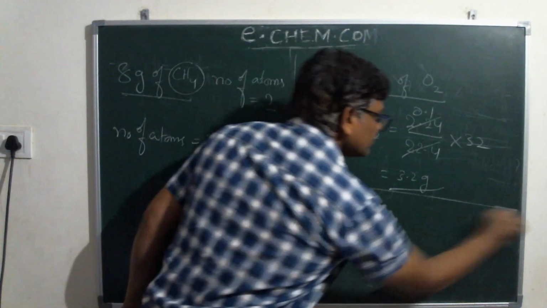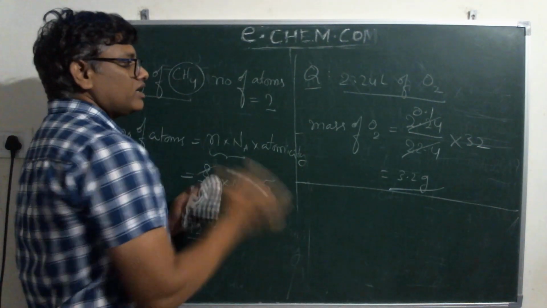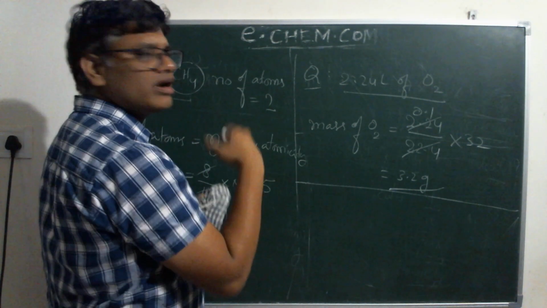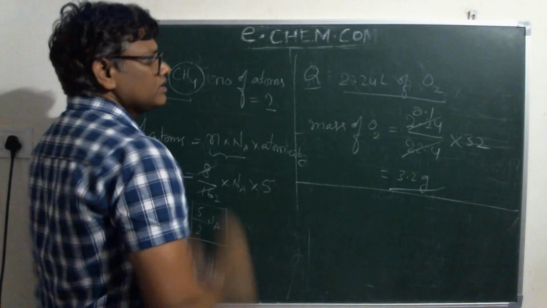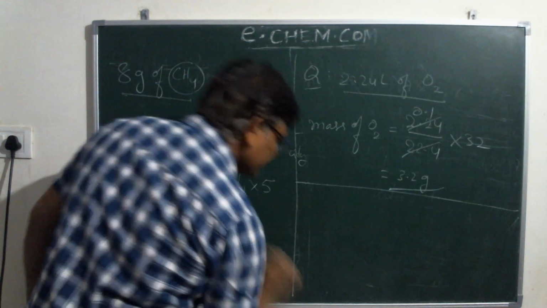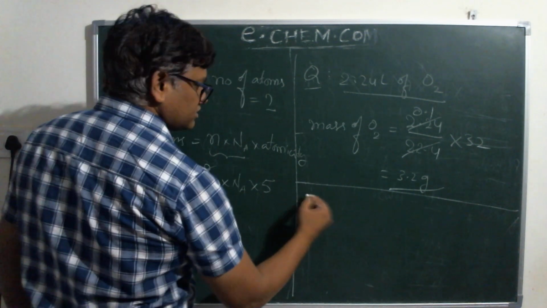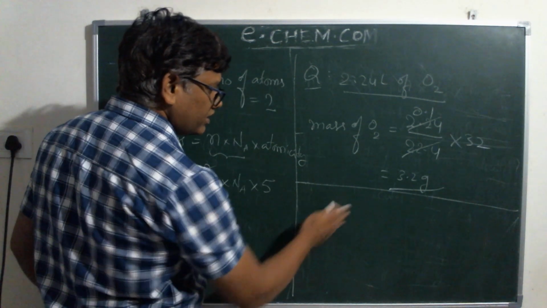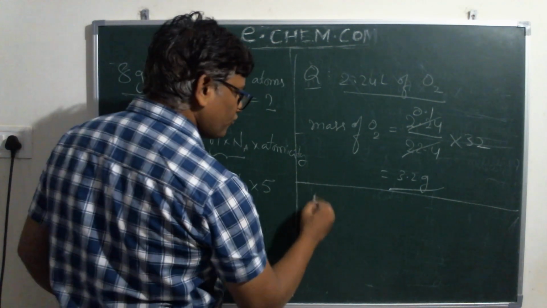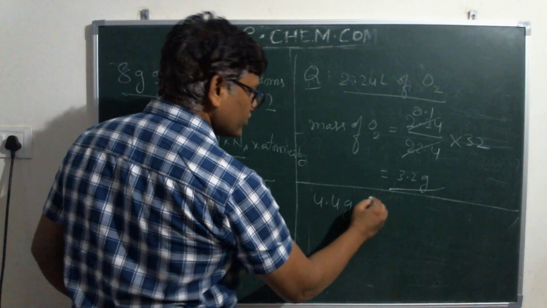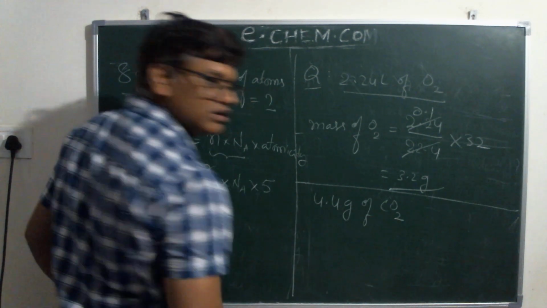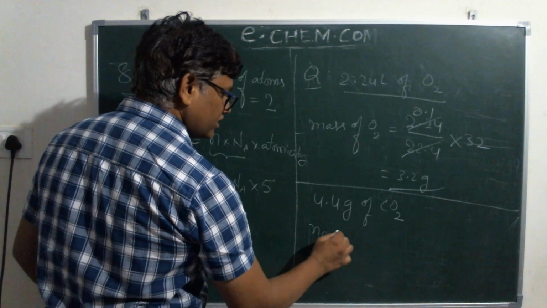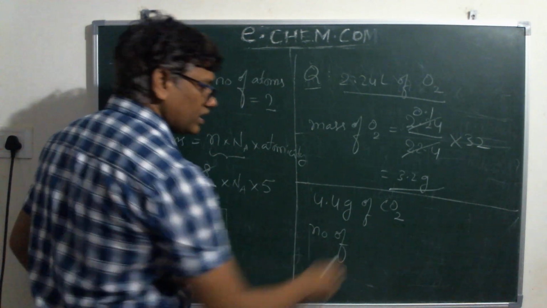Right? So like this, using the mole concept, we can transform one entity to another entity. For example, I want to calculate the total number of electrons in a given composition. I am taking here 4.4 grams of carbon dioxide. In this, I want to calculate the total number of electrons.